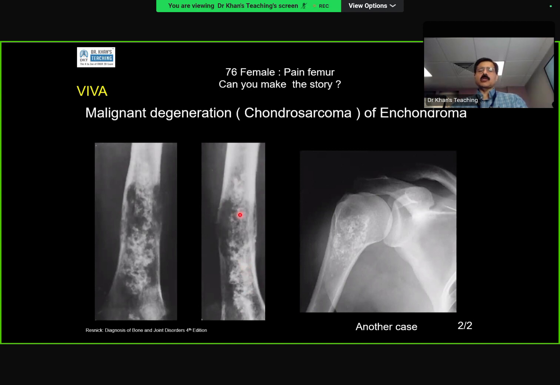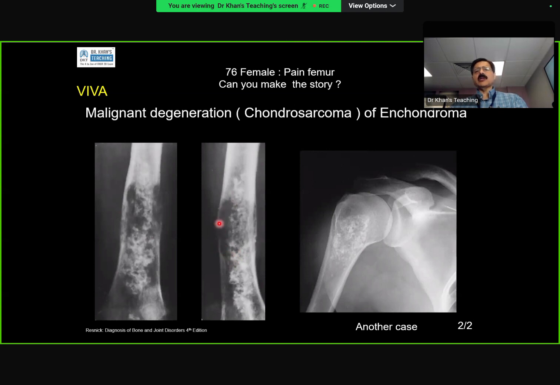The story is that originally this lesion was an enchondroma, and then it develops a lucency. If you see the cortex, this cortex is eroded, and there is a criteria which I will cover again when we do bone tumors, where more than one fourth or one third the thickness of the cortex is eroded, or the height of the lesion, etc. So you will say that this is malignant transformation of enchondroma.